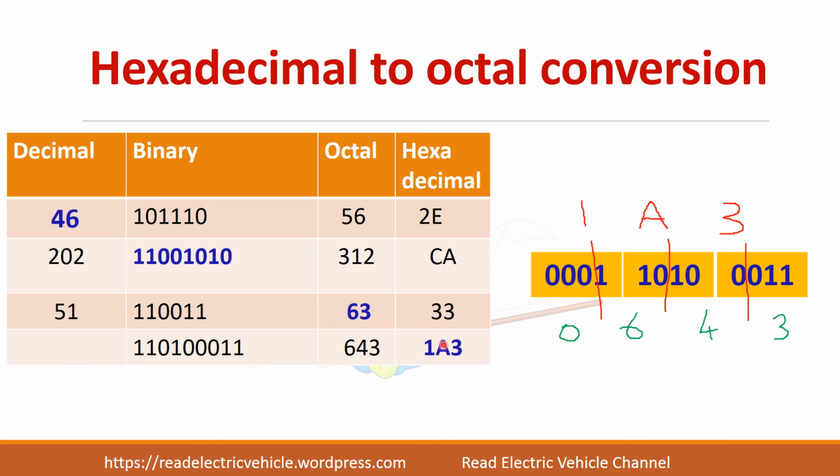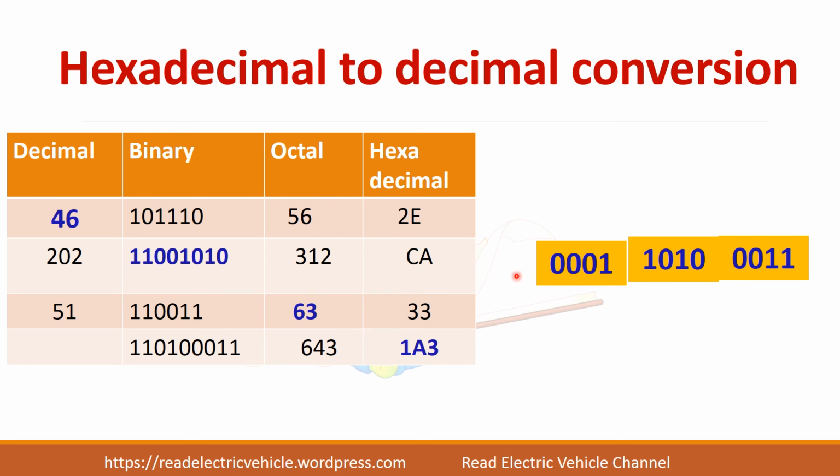Next we have to find what is the equivalent decimal number. That we can find from the binary number directly. So binary number is here. Find the weighted value for each bit. 2 power 0, 2 power 1, 2 power 2. It continues like this.